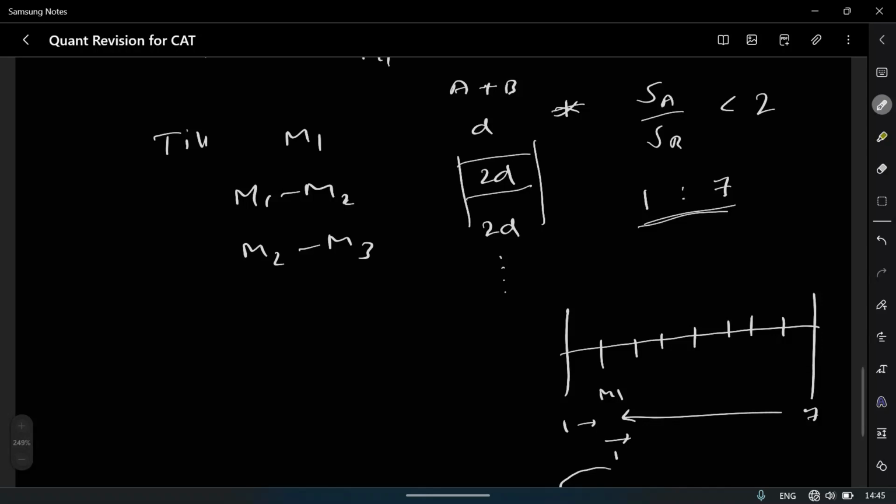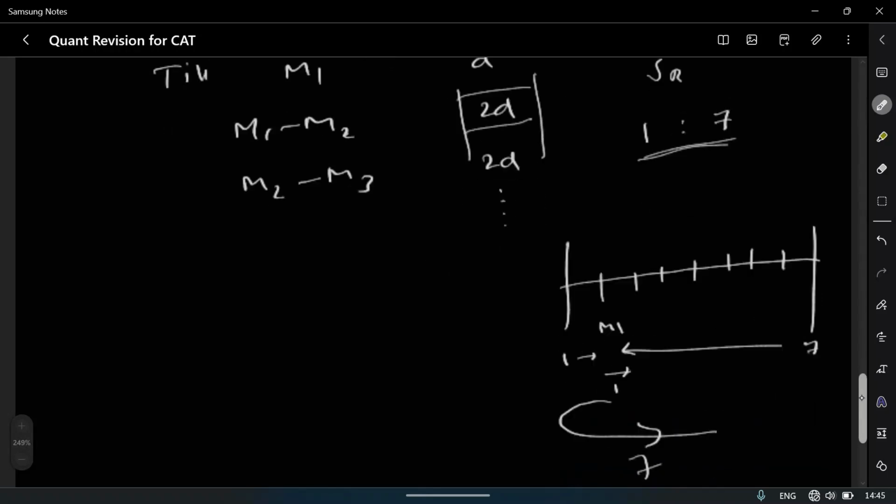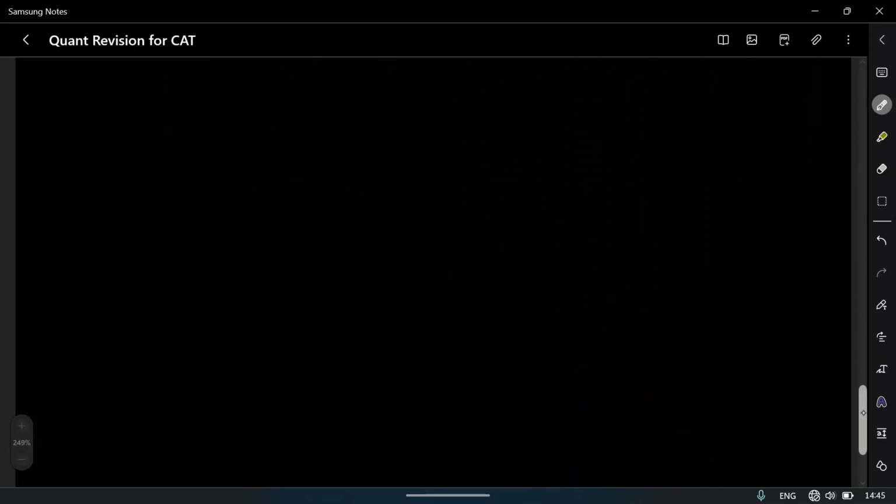And the next concept is similar to the previous concept.